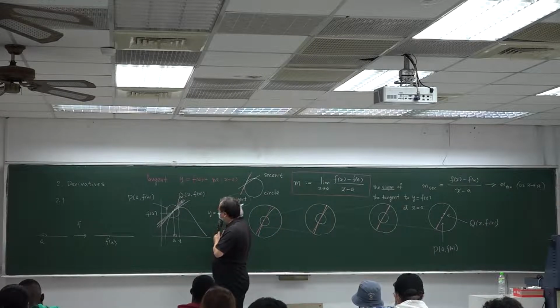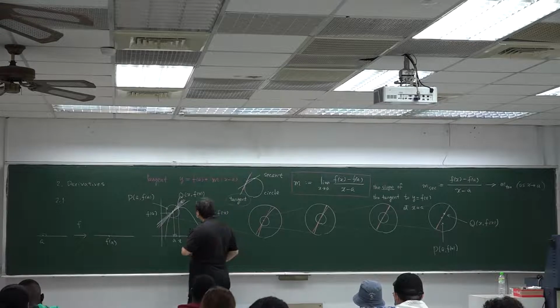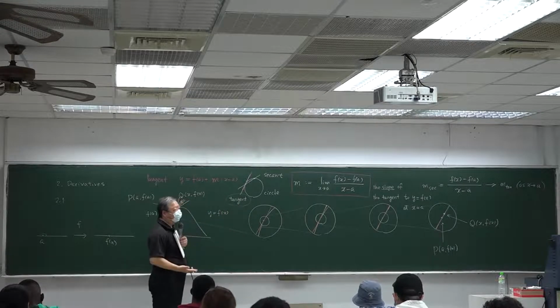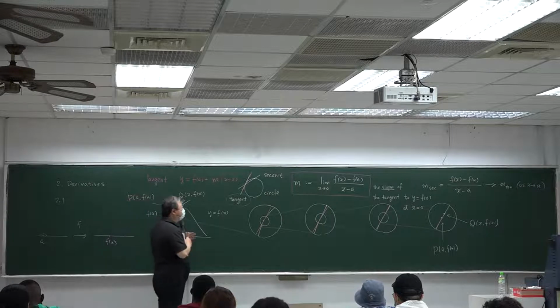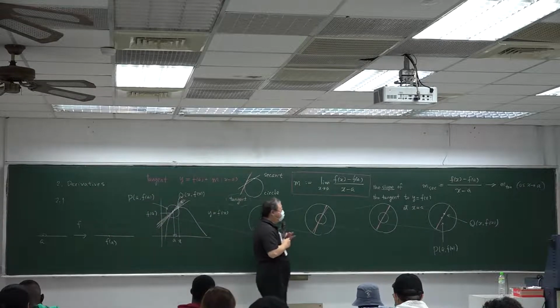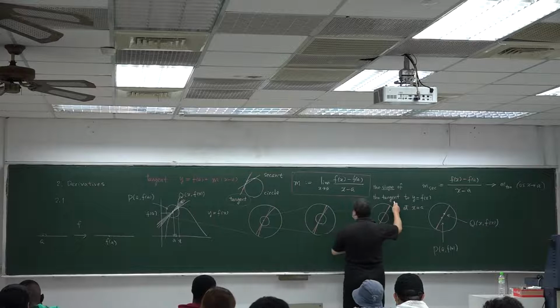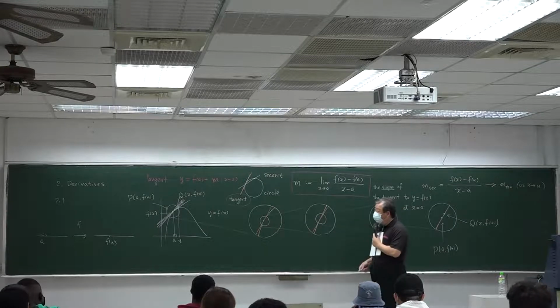We define this number to be the slope of some straight line passing through this point. That straight line is called the tangent to this curve. Okay.